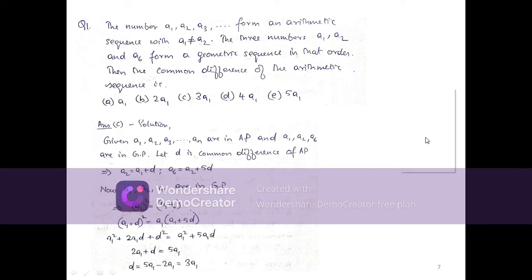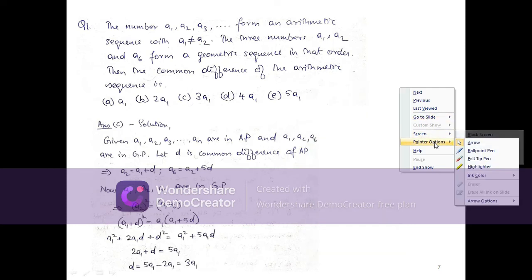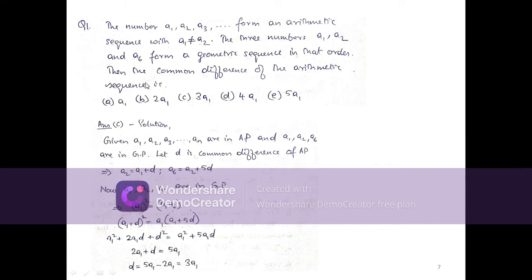Then the common difference of the arithmetic sequence is, so you have the options: A, a1; B, 2a1; C, 3a1; D, 4a1; E, 5a1. So the answer is option C, that is 3a1.